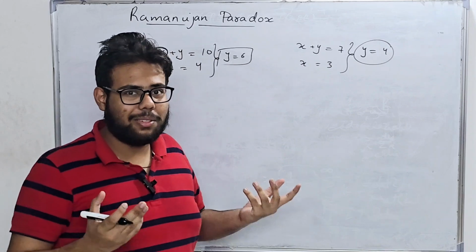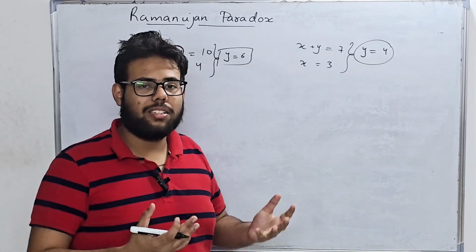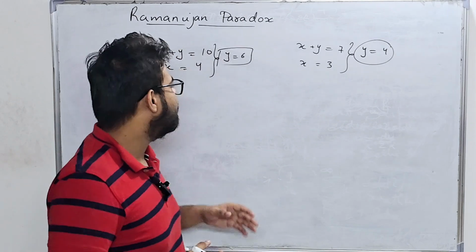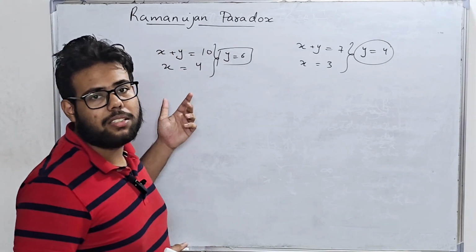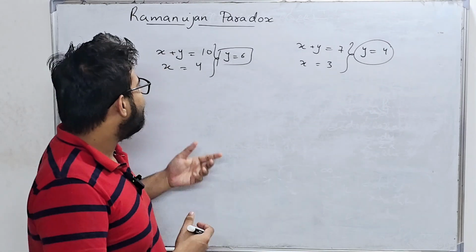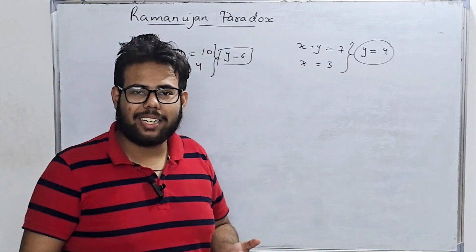It is really weird to say that this one is correct or that one is correct, because both make sense. The answer of the people who did not see the board is correct, and the answer of the people who said y is equal to 6 is also correct.